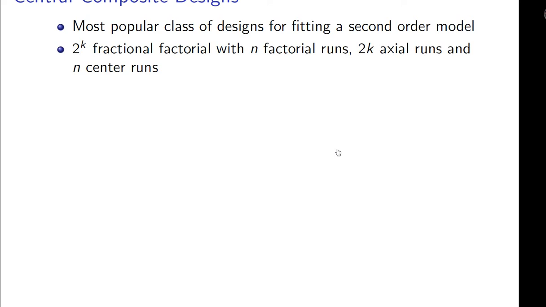So there are 3 parts: the original fractional factorial design, n equal 2 to the k, 2 times k axial runs, and n center runs. Now we show those graphically as just a single point in the center, but keep in mind that there are n needed in order to fit the second order model.